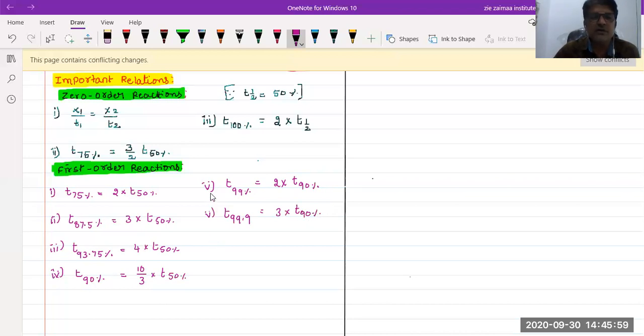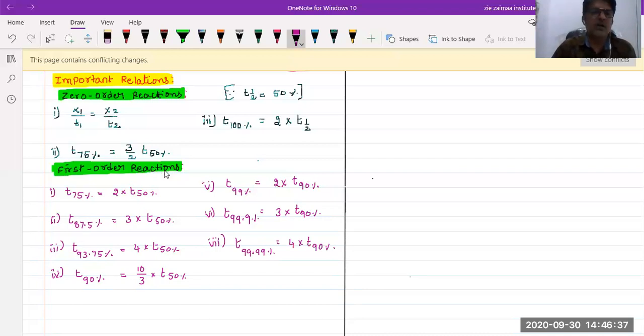Remember like this. This one is the sixth, and the seventh one. If 99.99% is taken, see, now 99%, 99.9% and 99.99%, guess that 2, 3, should be 4. That's it. 4 into T 90%. These are the very important formulas related to the first order.